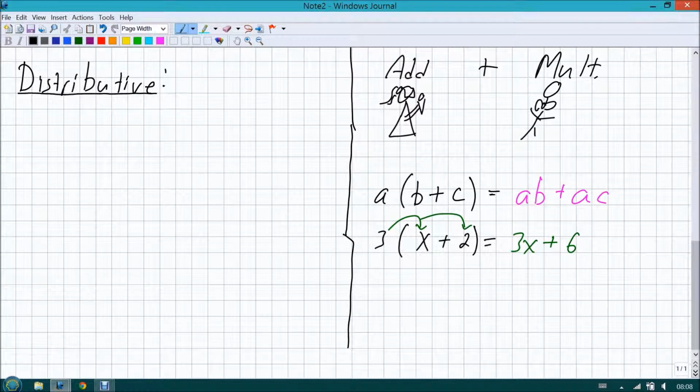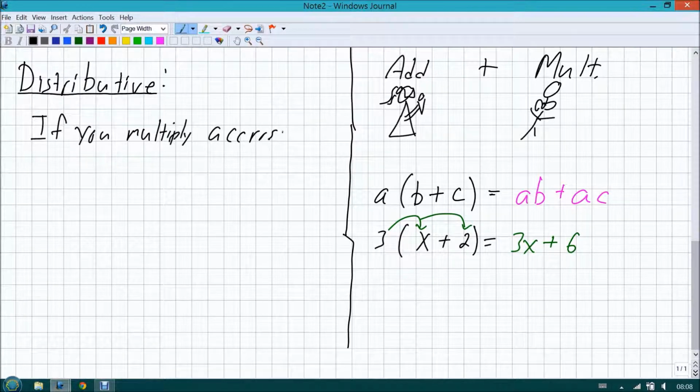So the distributive property says that if you multiply across addition, and I probably misspelled across. Fortunately, I'm not an English teacher, so my utter lack of ability to spell is not too much of a hindrance.